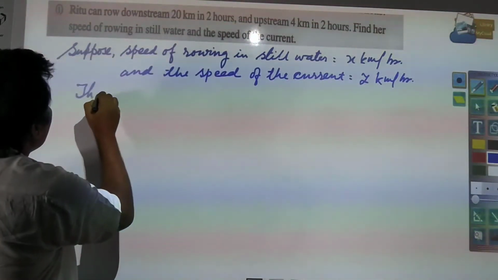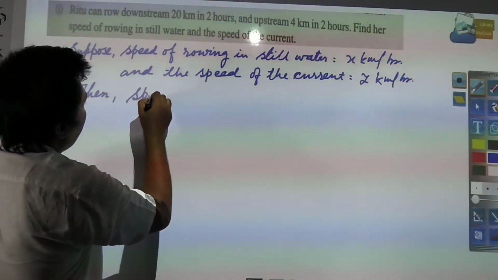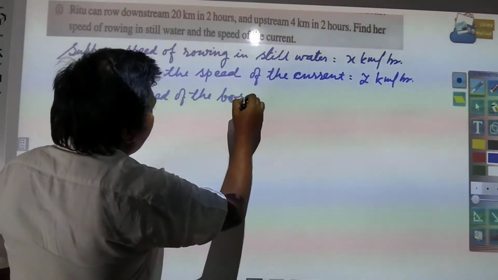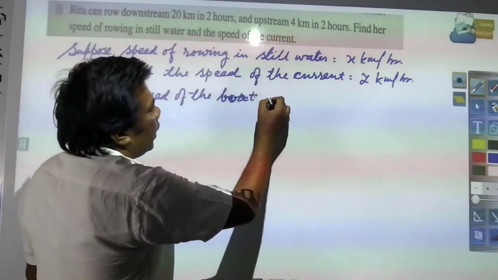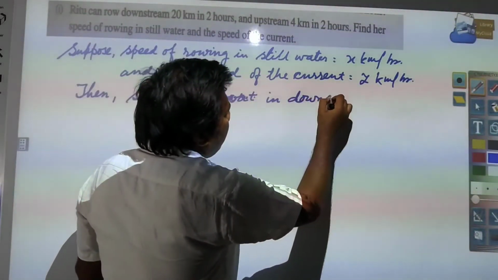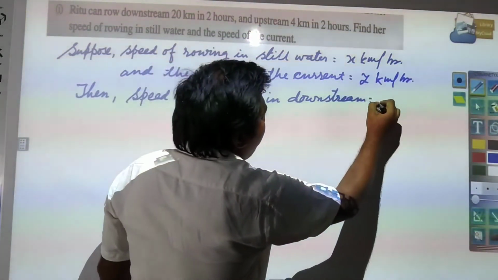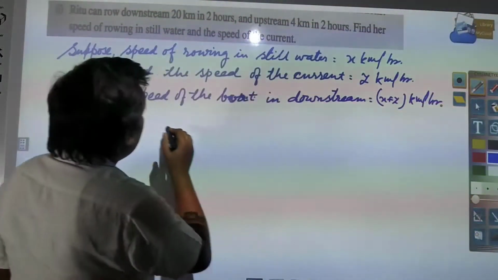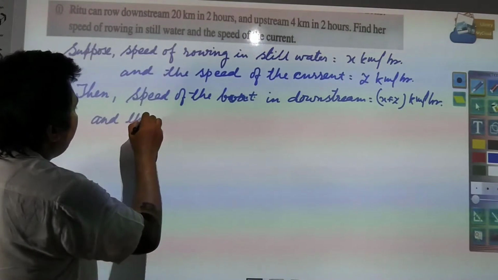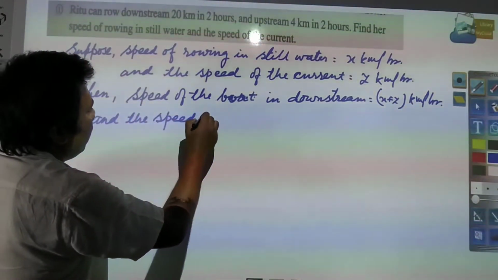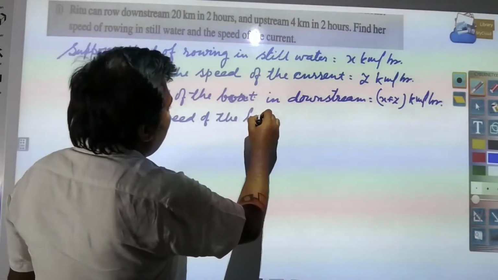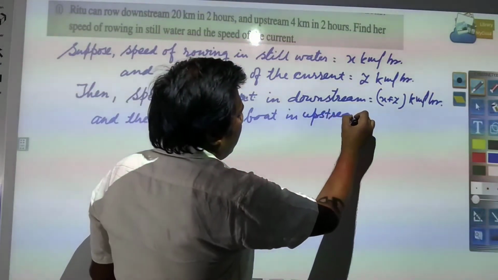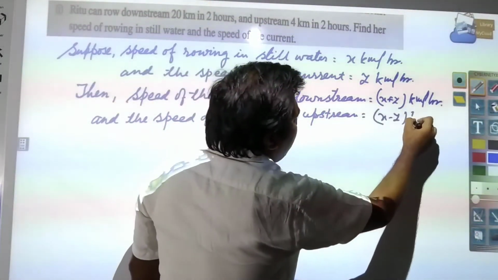Then the speed of the boat in downstream will be equal to x plus y km per hour, and the speed of the boat in upstream is equal to x minus y km per hour.